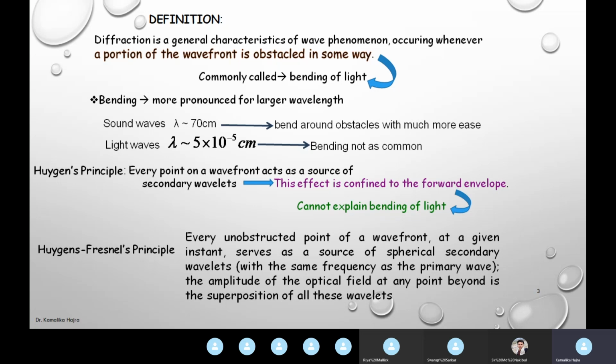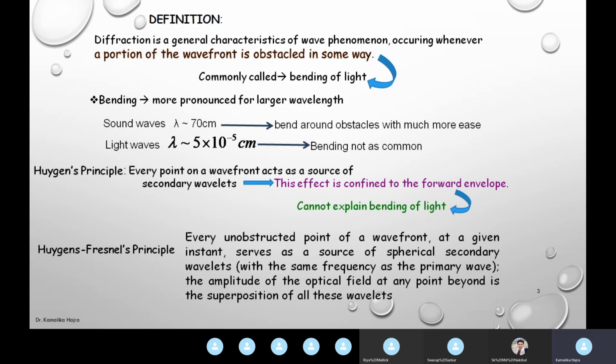So with this short explanation, we do not need further explanation, but we will use this to analyze the phenomenon of diffraction from now on. This is basically the principle that explains diffraction. Several times it is a tendency of the question setters to ask what is the difference between interference and diffraction?